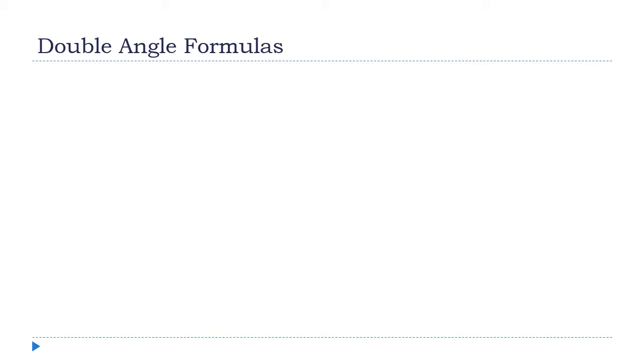I'm going to start with my cosine formula. Cosine alpha plus beta equals cosine alpha cosine beta minus sine alpha sine beta. Okay, well, look, do this.